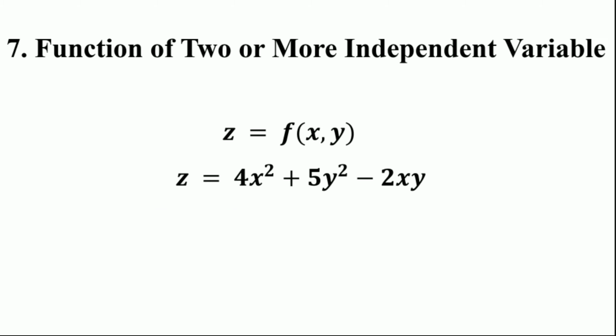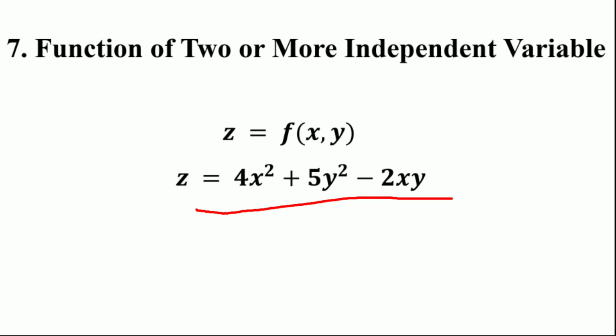Now see the function of two or more independent variables. Let us consider three variables, x, y and z, such that x and y are the two independent variables and z is the dependent variable. So z depends upon two independent variables, x and y, and we can say that z is equal to a function of x and y.